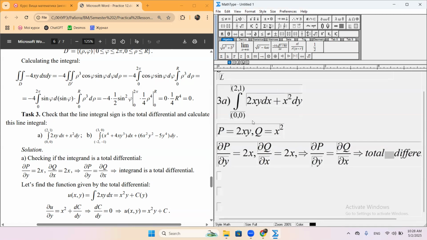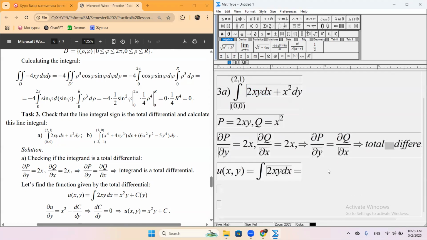So now let's restore the function under this integral, with this differential. So we will calculate the following integral: 2xy dx, and it will be equal to x square y plus some function that depends on y.